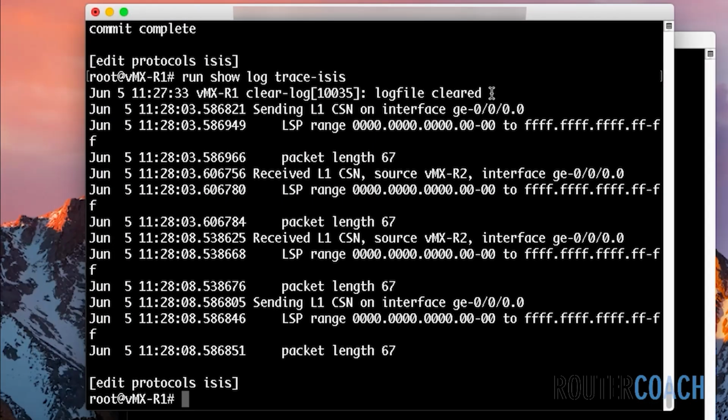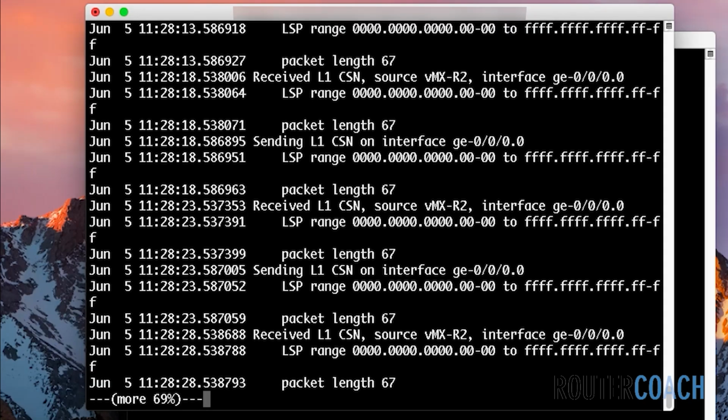And here it is. We can see that we are sending a periodic complete sequence number on interface ge-0/0/0, and this is the range of the LSPs, and we're sending that over to R2 periodically. It looks like it's being sent out every 5 seconds.